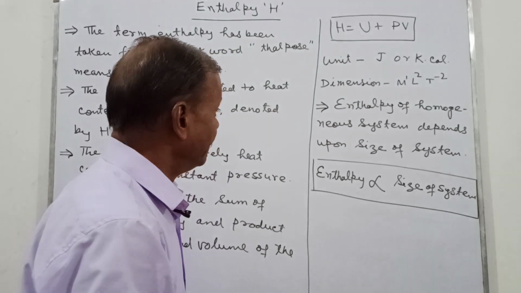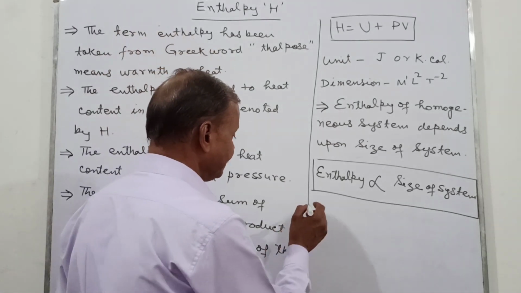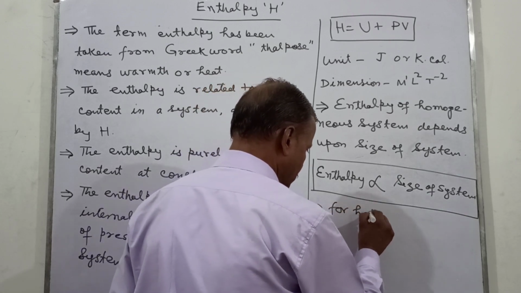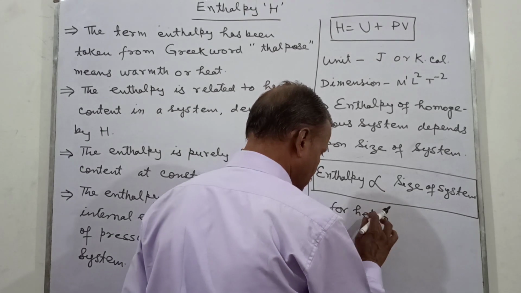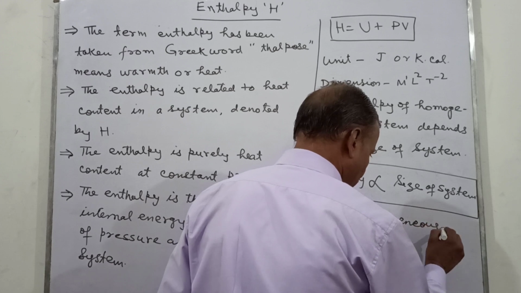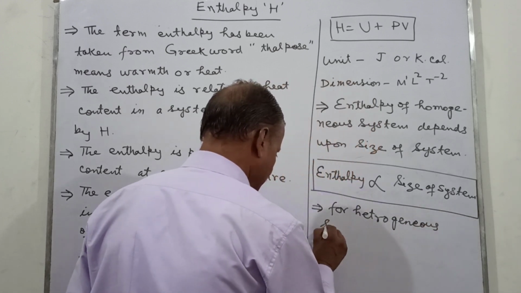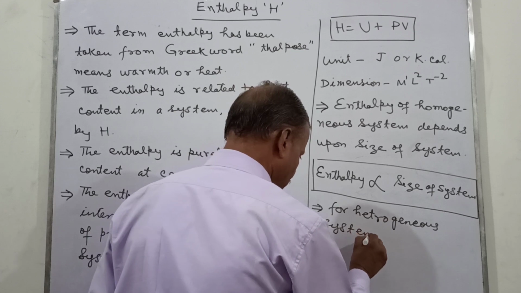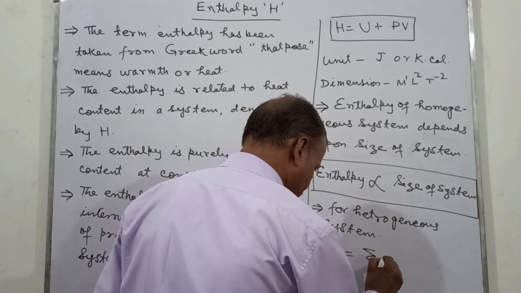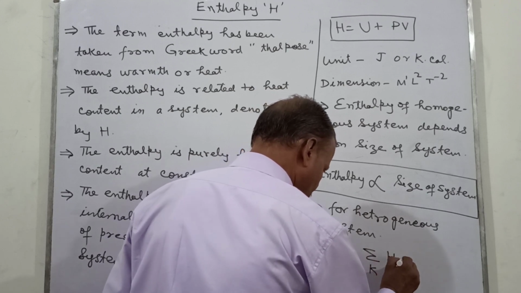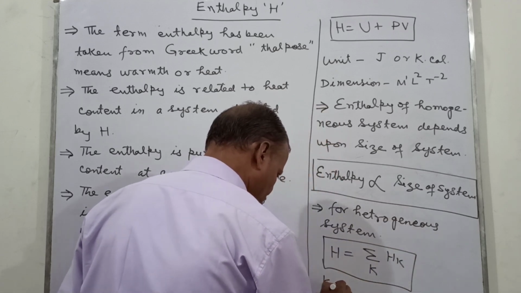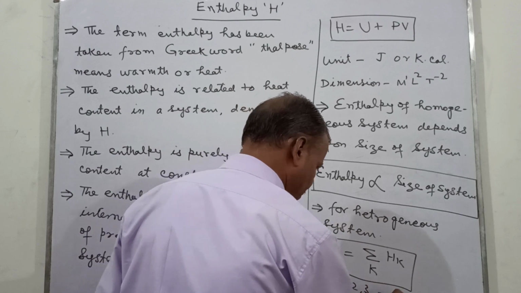But if we take the heterogeneous system, for a heterogeneous system, this H equal to summation over K of HK. So this K equal to 1, 2, 3, 4 and so on.